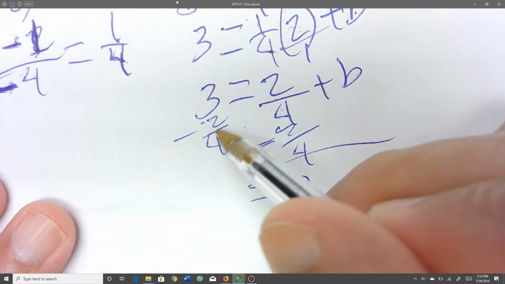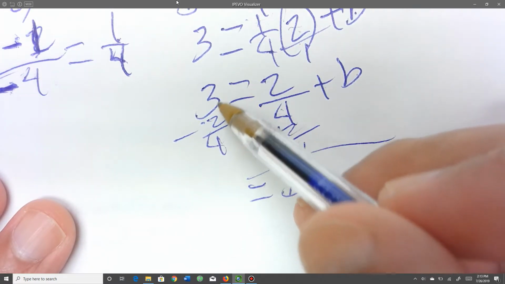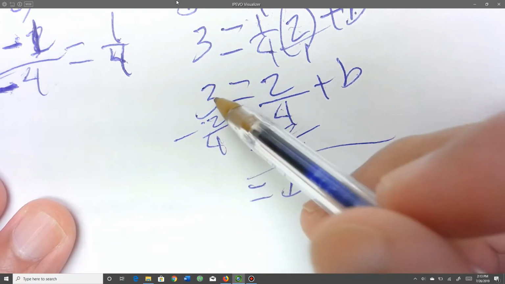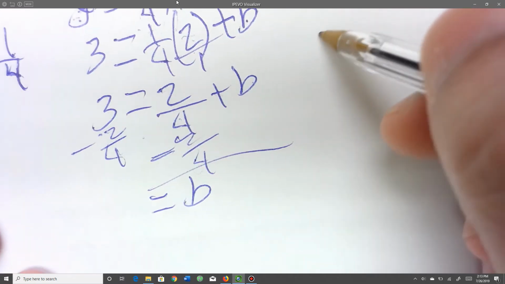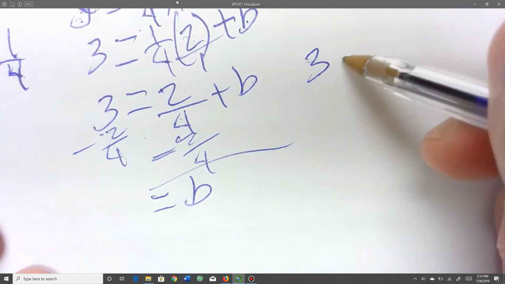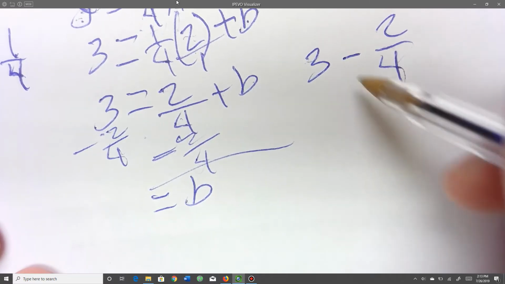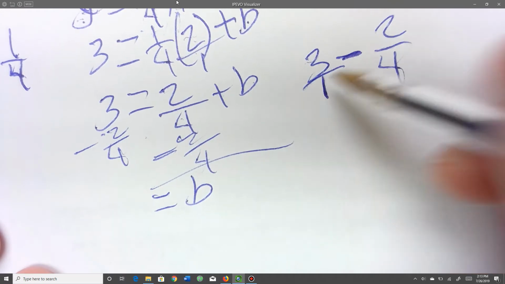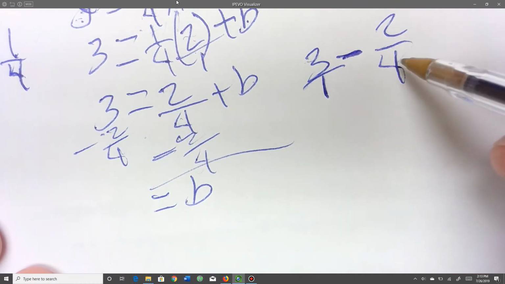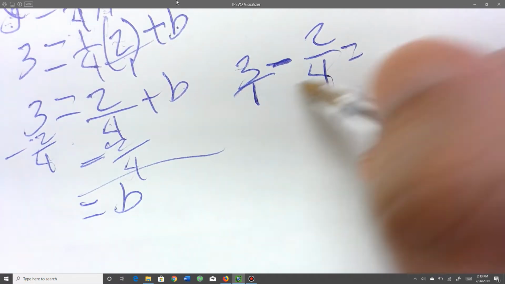In this case, I can't see what I'm doing here. I know I'm subtracting 2/4 from 3, but I'm not very familiar with this setup. So I'm gonna have to rewrite that as 3 minus 2/4, because now I can see that these are 2 fractions basically. And I know that if I'm adding or subtracting, I need to have a common denominator.